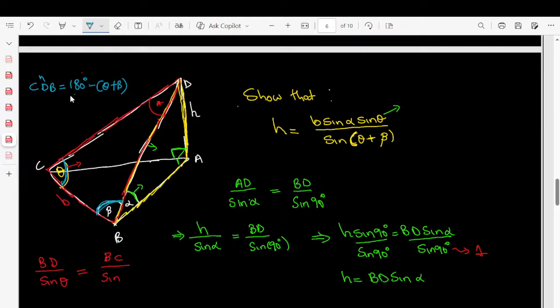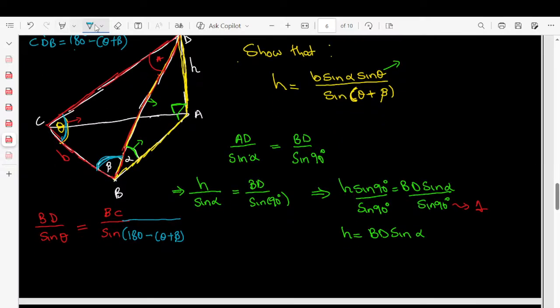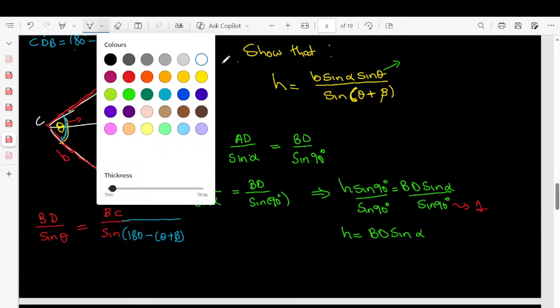So now if we do this, we know that this will be just the sine of, inside the bracket, 180 minus theta plus beta. Okay, I think everything is good now. I think now we can continue working on the problem.